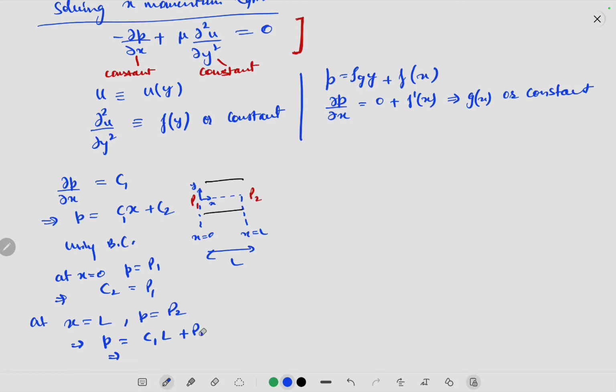Oh, sorry. So we want to find c1. C2 we already know. This pressure is P2, c2 is P1.